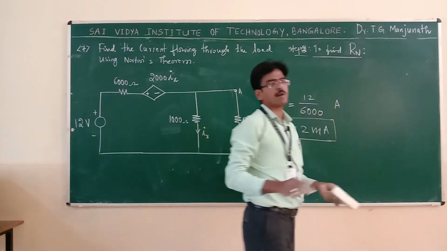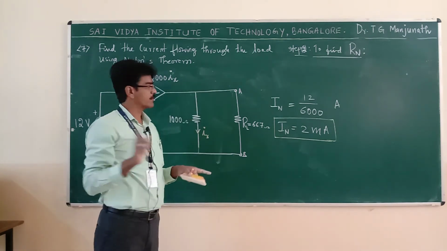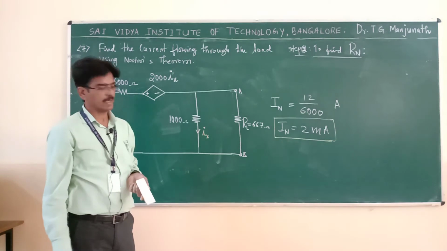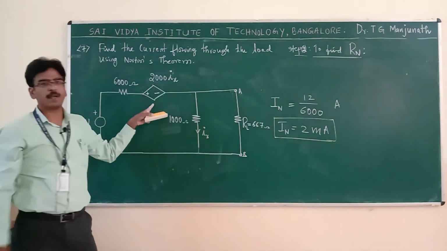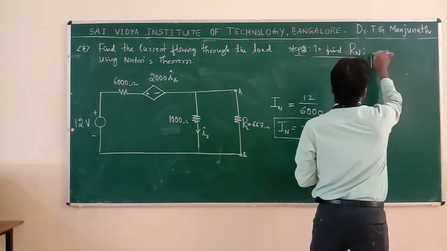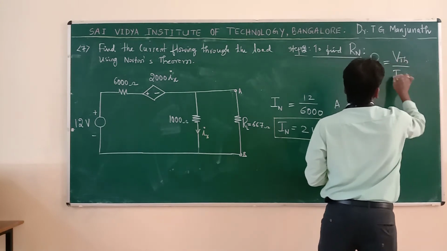Now, what is the procedure to find Norton's resistance? Always when you are finding the resistance, you have to look into the open circuited load terminals only. And you have a dependent source. When you have a dependent source, what is Norton's resistance? It is equal to V Thevenin by IN.